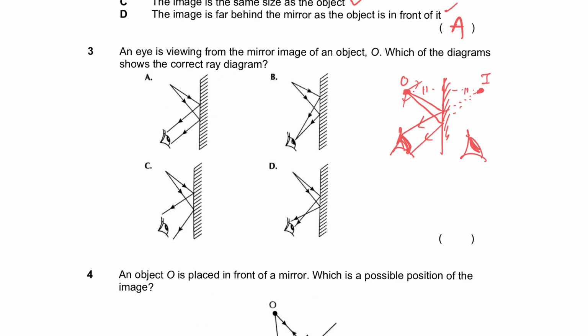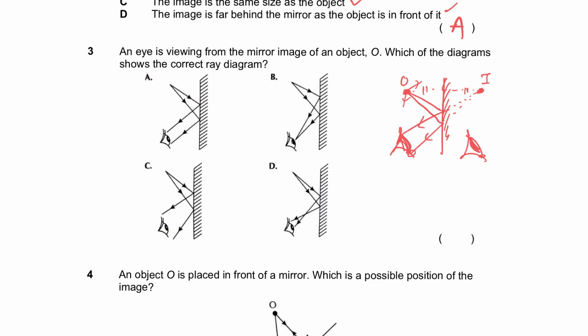So we just take the edge of the eye to actually draw the two rays to reach here, just as a reference. But it does not mean that it has to go to the edge of the eye. That's why many of you will rule out option C, because you see that the eye is actually smaller than the two rays. Okay, but that's wrong.